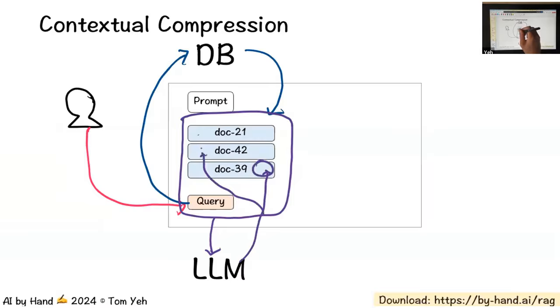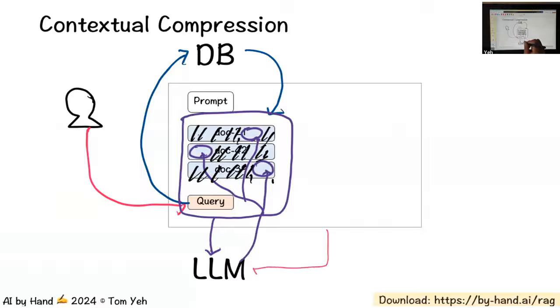For this document, maybe this part is relevant. And afterward, we just delete the rest that's not relevant. Then we use this compressed version of the context and send it to the large language model. It turns out to improve the preciseness of the answer and make the language model more focused.